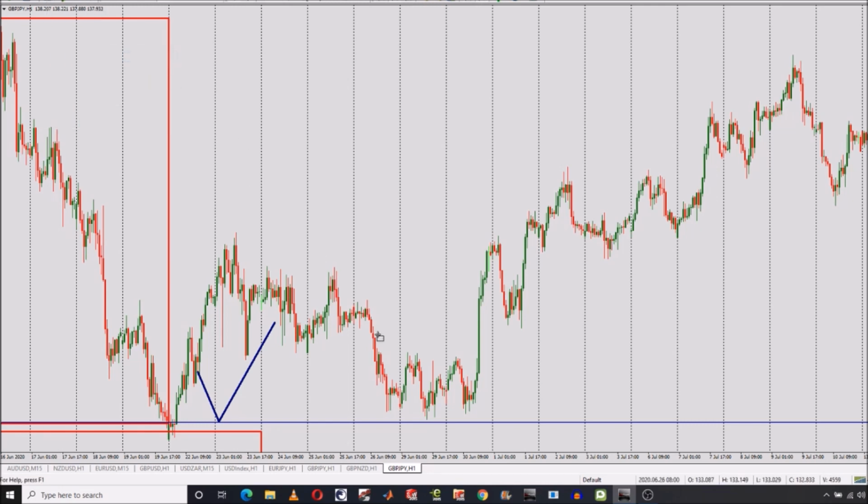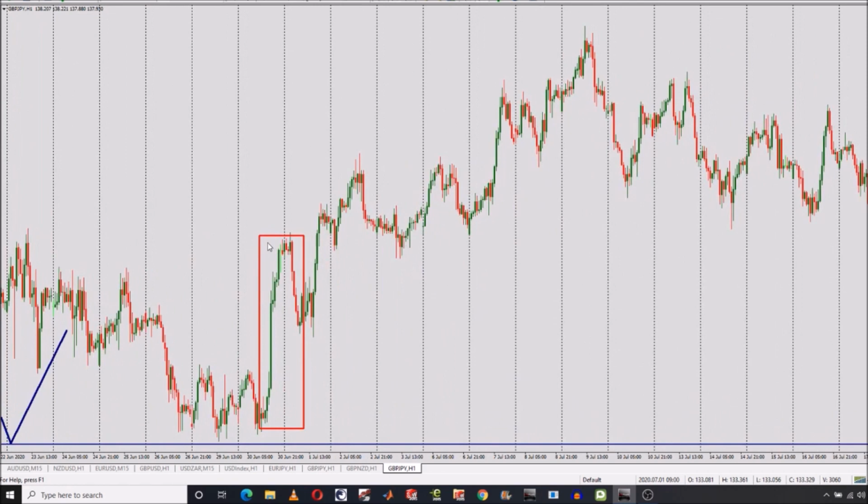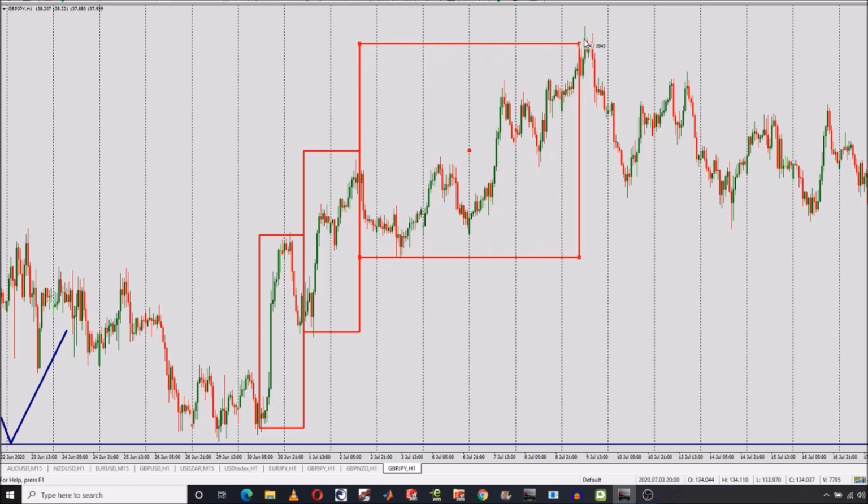So restarting the count, from this point, we actually had our first level, second level, and our third level, which came after some days of consolidation.